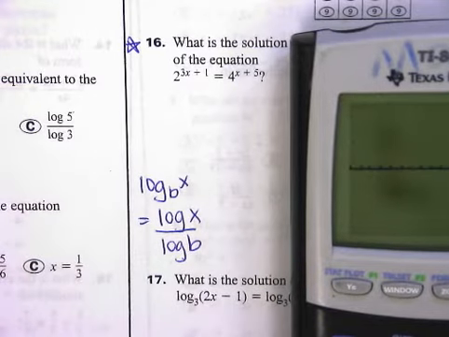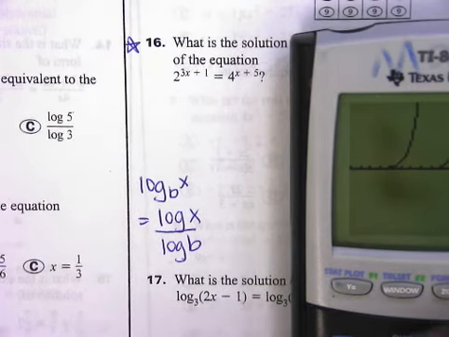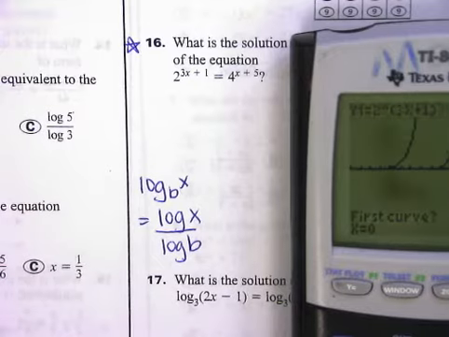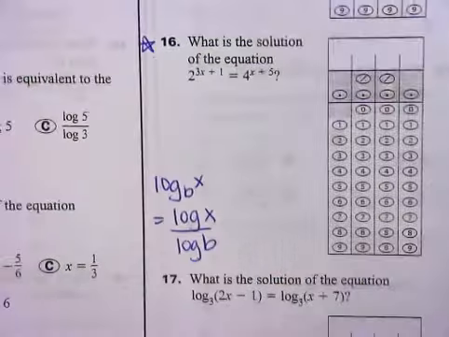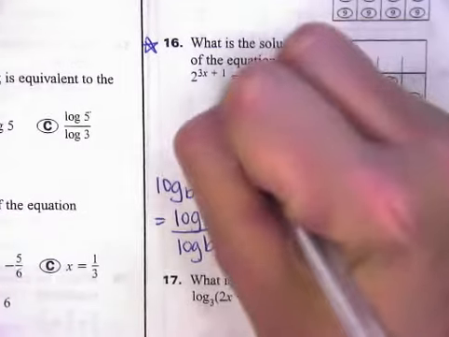I get 2 exponential curves eventually. It takes my calculator a while to think about it. And then I would hit second calc. I would go to intersect because I want to know when they're equal. Enter, enter, enter. And they intersect at x equals 9. Since this problem is asking me to solve for x, my answer is x equals 9.